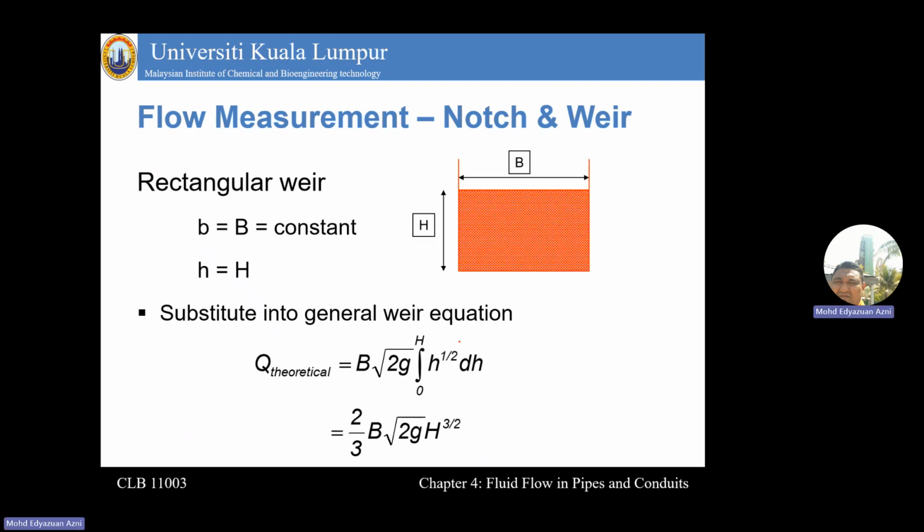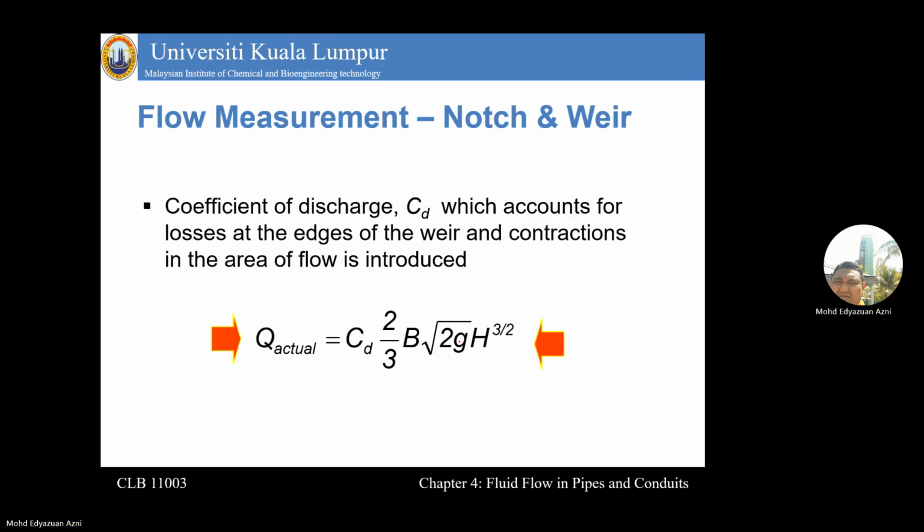So B will be the width on top of the weir or notch, and H is the height of the water level of the river. Okay. So for notch and weir, we have two formulas, which are Q theoretical and Q actual.